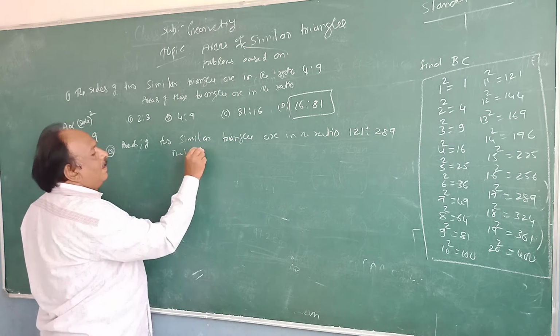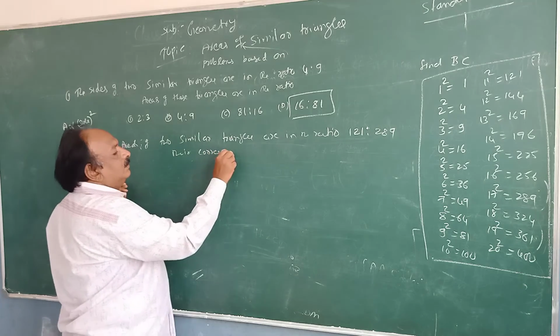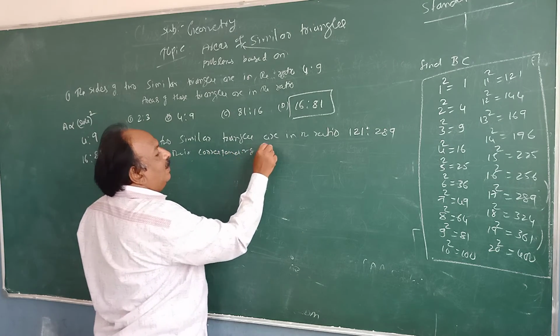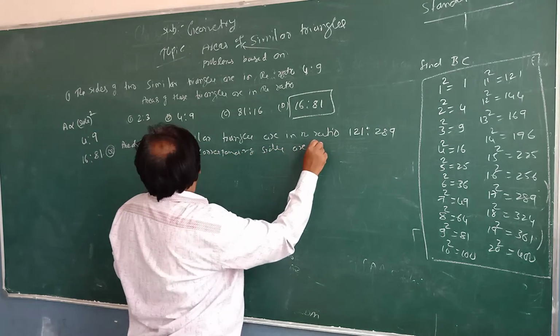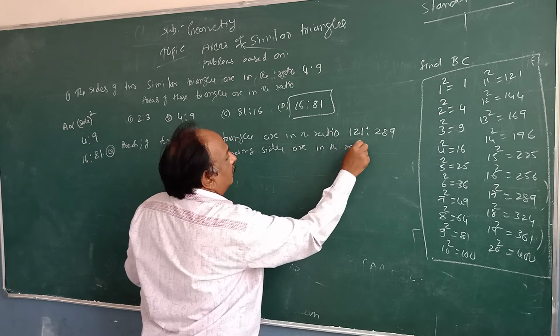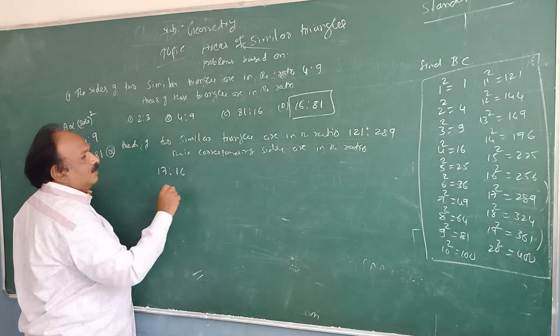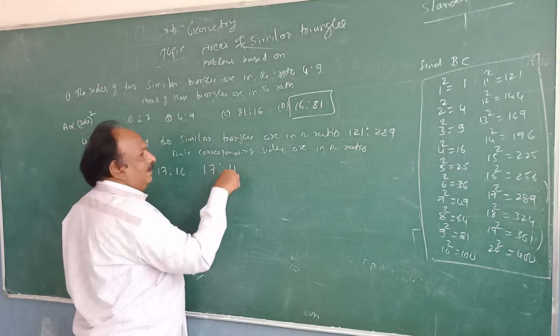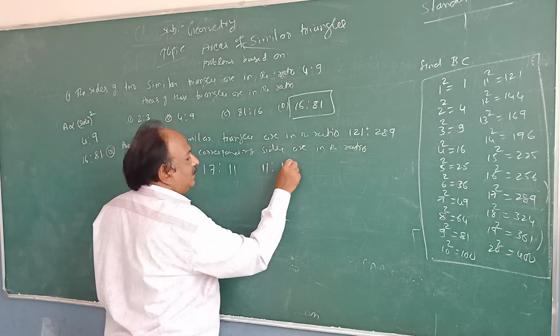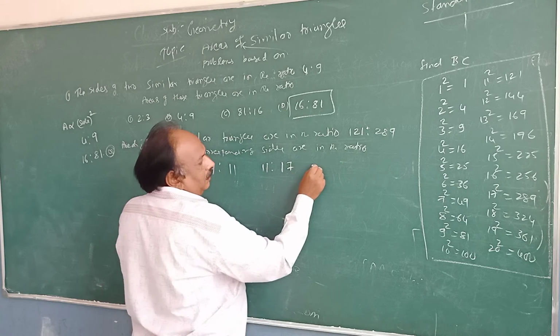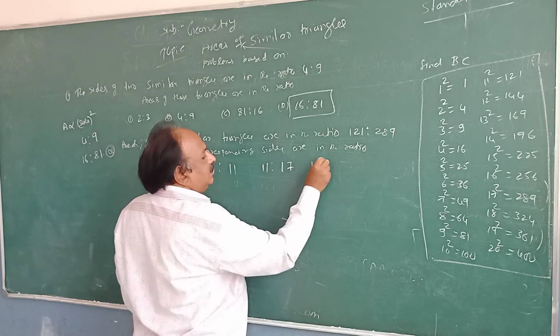Their corresponding sides are in the ratio. Option A 17:16, option B 17:11, option C 11:17 and option D 15:17.